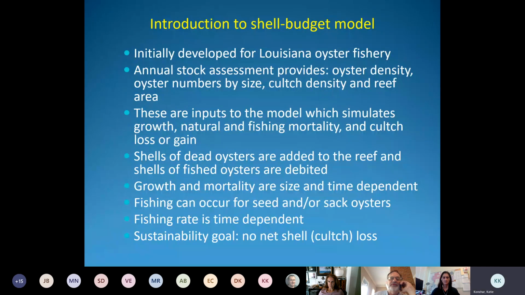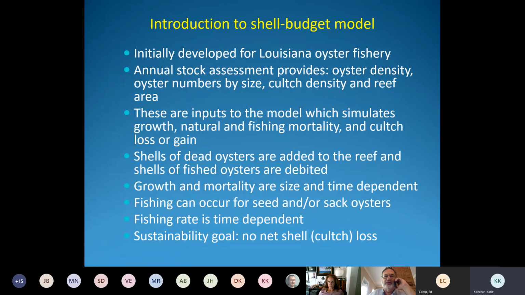Okay, so the shell budget model was initially developed for the Louisiana oyster fishery. It was funded by Louisiana Wildlife and Fisheries for about 8 years. As we go through this, you may want to think about how you do your stock assessment so that it's amenable for shell budget modeling.